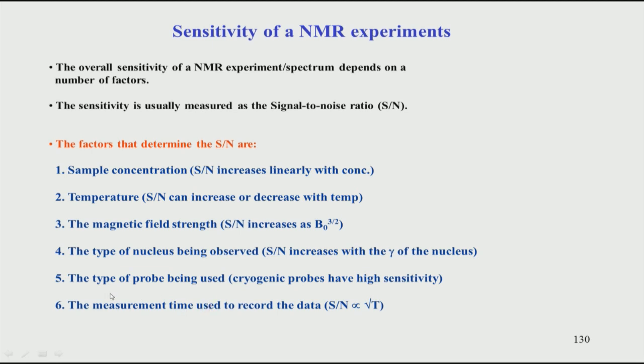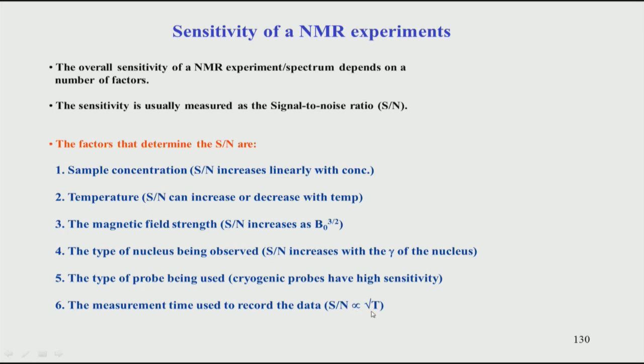Now, again, the most important parameter from a spectroscopist's practical point of view is the measurement time. That means, if you record an NMR experiment for twice the measurement time, how much does the signal to noise improve? The signal to noise is proportional to the square root of measurement time.